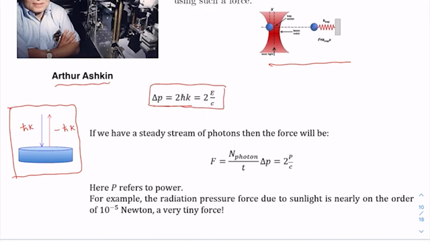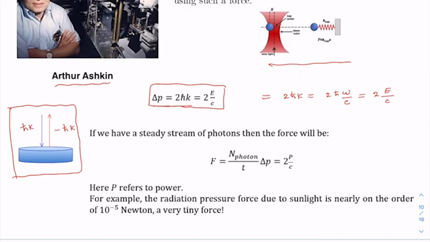Let me explain. We have 2ħk, which we can write as 2ħω/c, and ħω is the energy of a photon, so E is the energy of the photon, c is the speed of light.